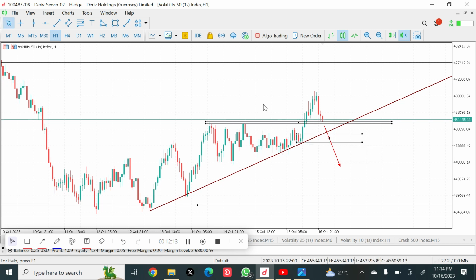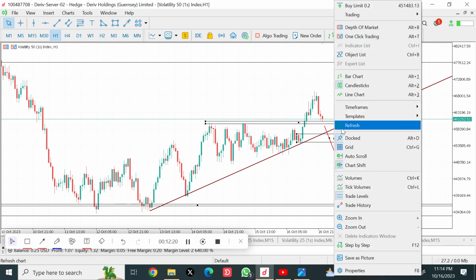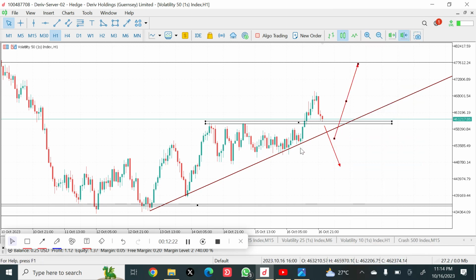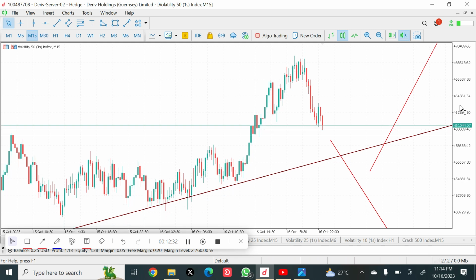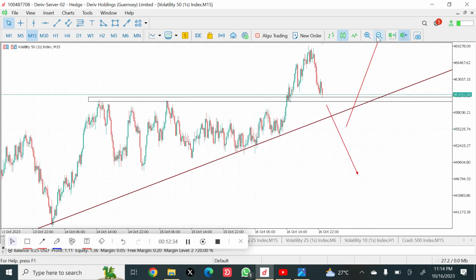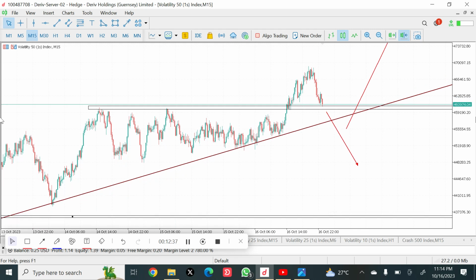And if price is able to touch into that demand zone, I expect the bulls to take over price and push the market to the upside. So that is my expectation on this particular asset. We can take our trade on this particular time frame, the 1 hour, or we can decide to go a step down to the 15 minutes time frame, and we could see that price is already touching the zone and giving us a reaction, but we cannot conclude that that reaction is enough to make us buy.